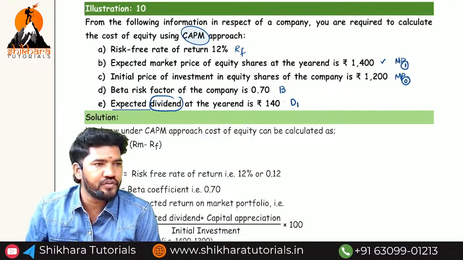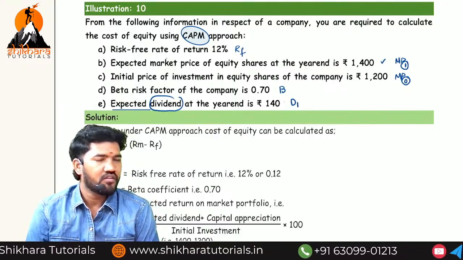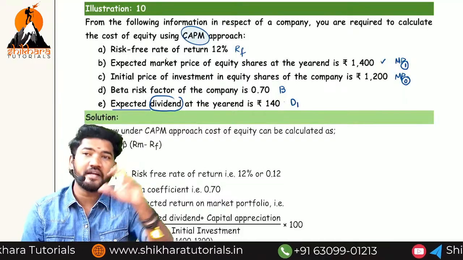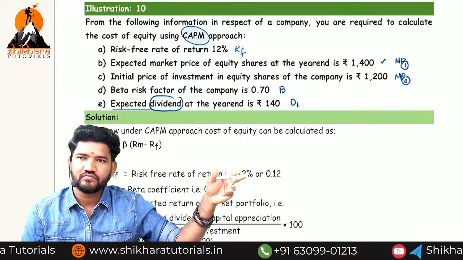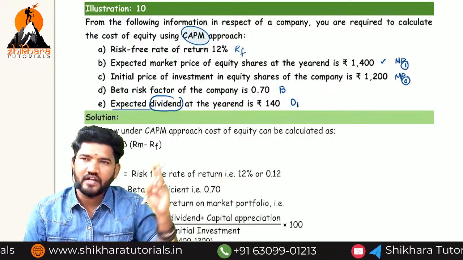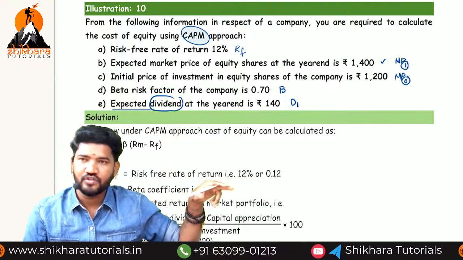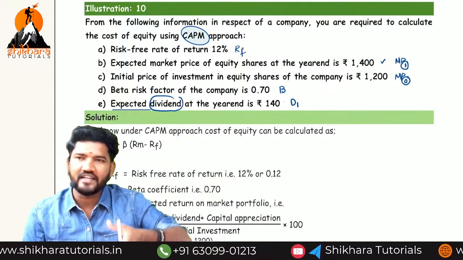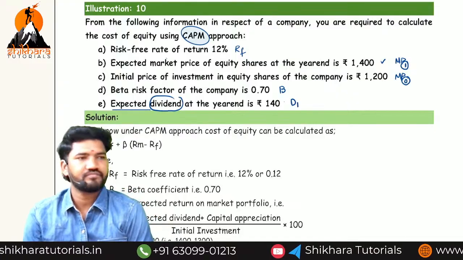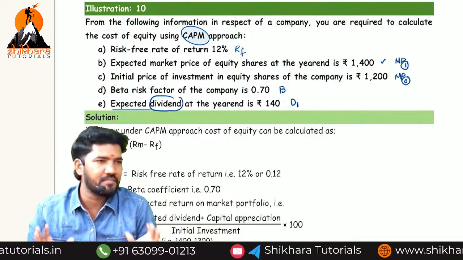D1 represents future, D0 represents current, today. The difference is very, very important for the remaining 3 approaches: earning approach, dividend approach and realized yield approach. What formula do we have to write here? That is the realized yield approach formula only. Clear? Now I will give just a common sense calculation part.